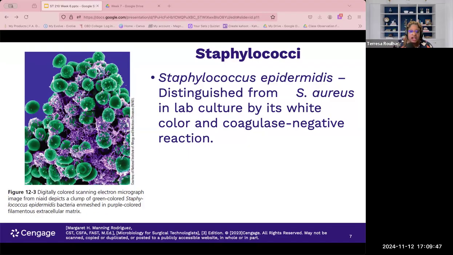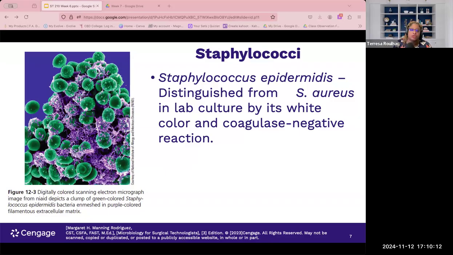But a leading cause of infections related to medical devices like IVs, intravenous catheters, urinary catheters, and any type of prosthetics. It can also cause bacterial endocarditis, which is inflammation of our heart. Okay. You don't want that, particularly in patients that have implanted heart disease or heart devices.